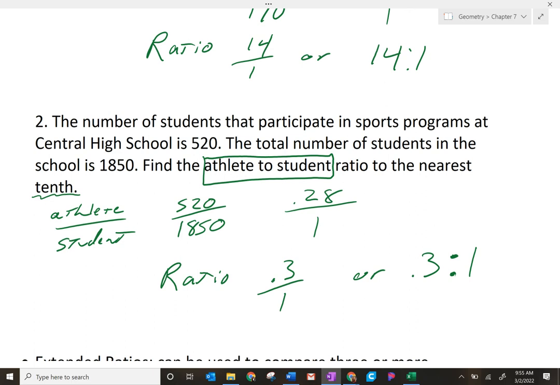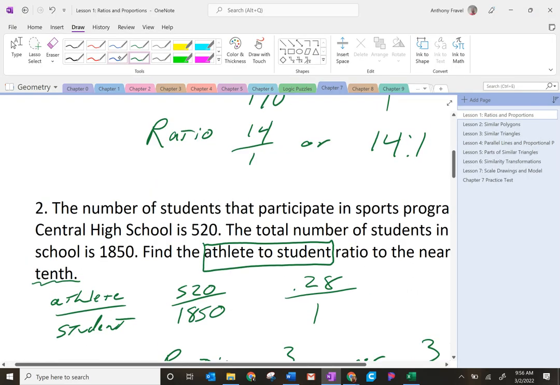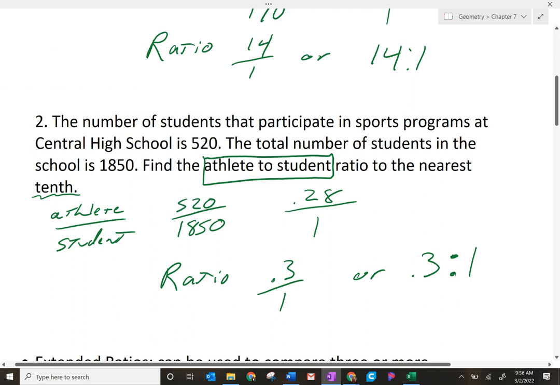So before I go to that second part, let's say I'm going to use this ratio here. I'm going to grab a different color pen just to show it off. I'm going to use that ratio on the bottom where it has that 0.3 to 1. In this class, we've got 20 students. Okay, I'm going to use this one as my example here.